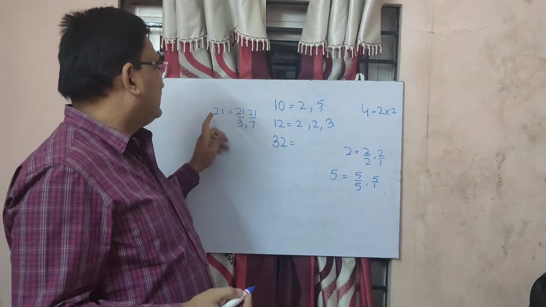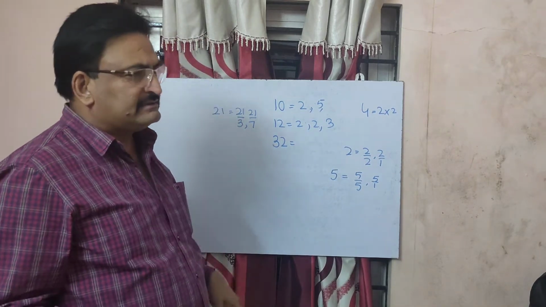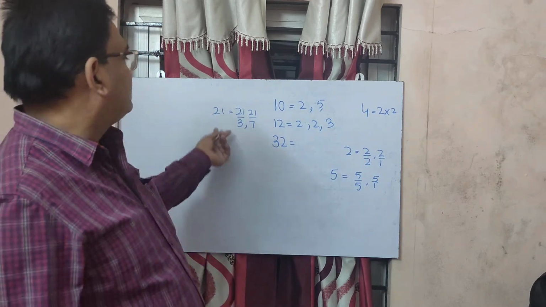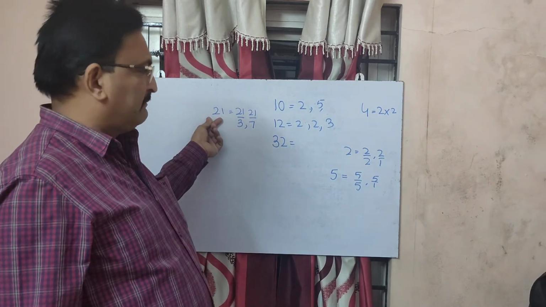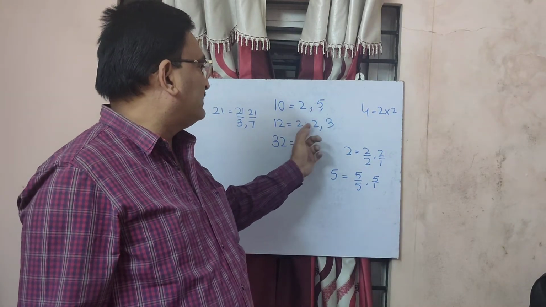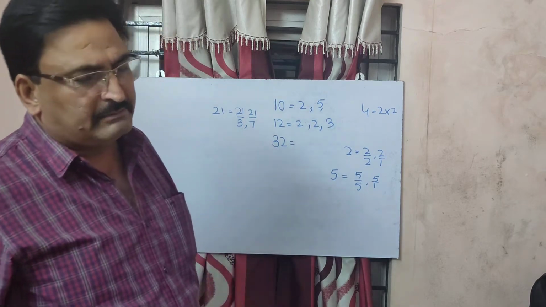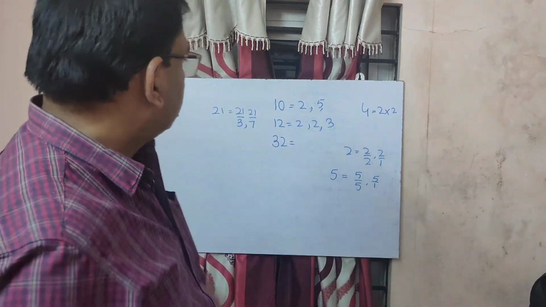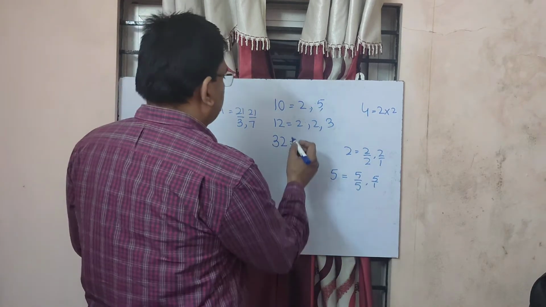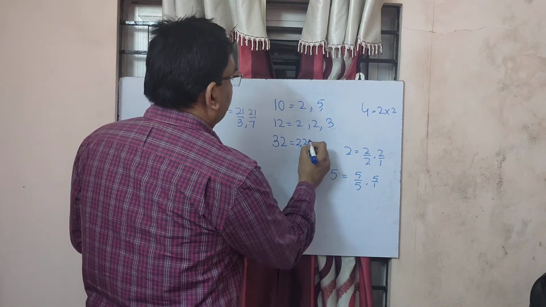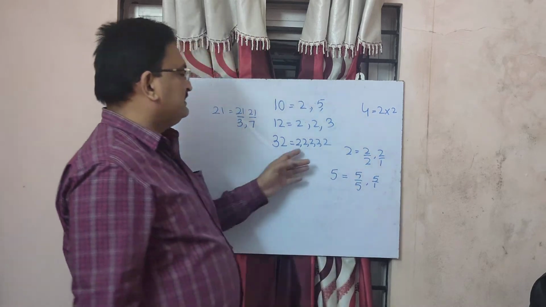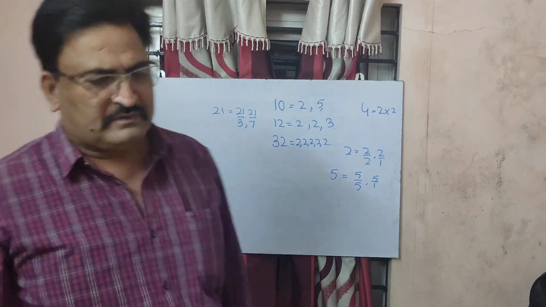If the given number is divided by numbers other than itself and 1, then that number is known as a non-prime number, and such numbers as 2 and 5 are known as prime numbers or prime factors. These are the factors of 10, these are the factors of 12, and what are the factors of 32? 2 2s are 4, 4 2s are 8, 8 2s are 16, 16 2s are 32. So these are the factors of 32.